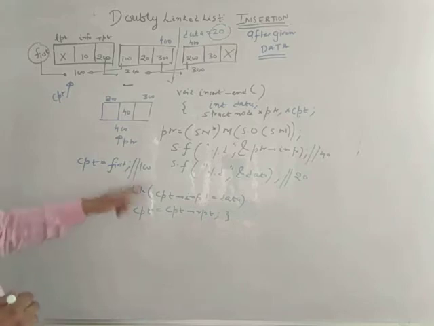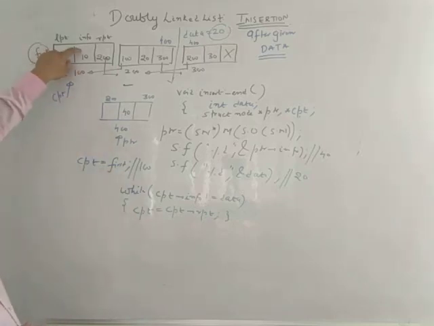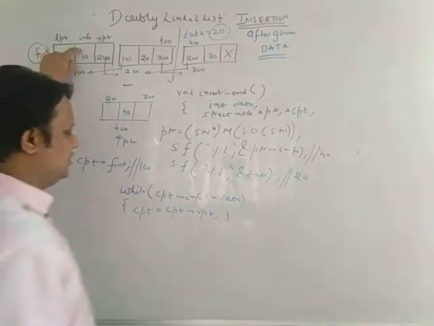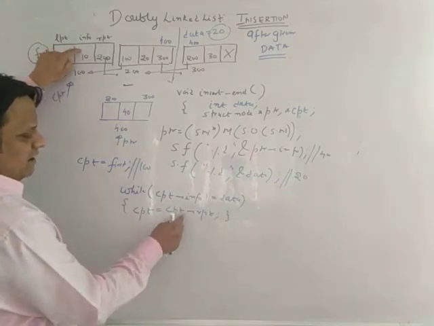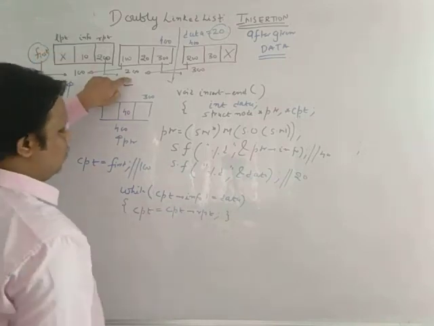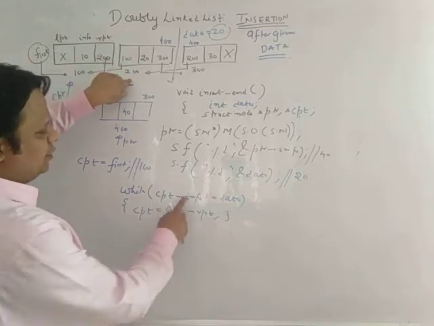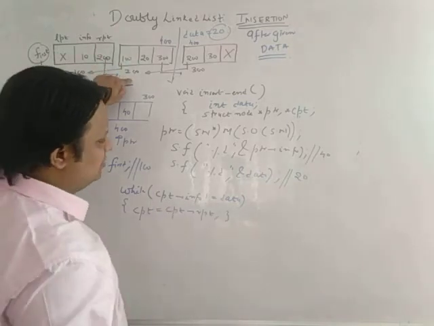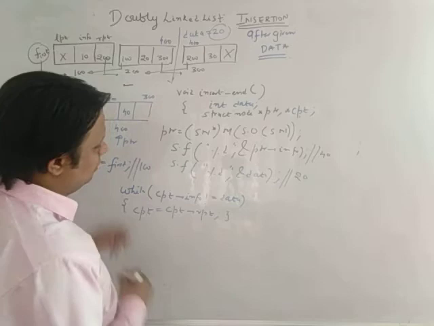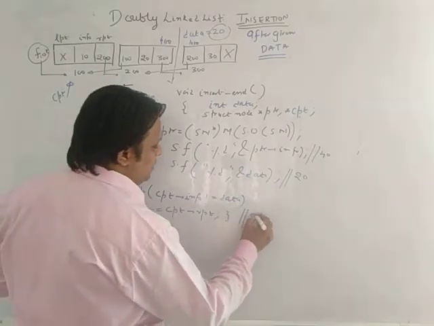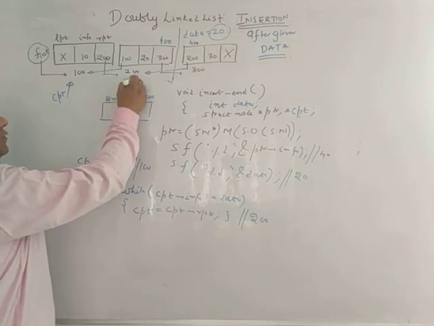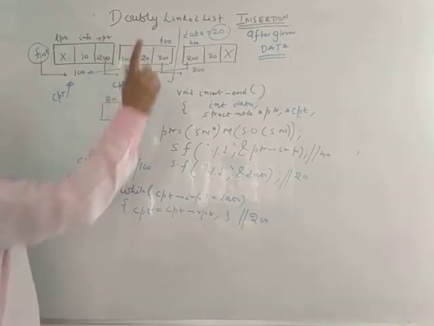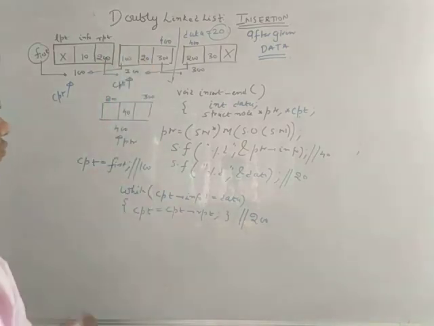CPT arrow info is 10. 10 not equal to 20, condition is true. CPT is equal to CPT arrow RPT. CPT is pointing at 100, 100 arrow RPT is now 200. 200 info is 20, 20 not equal to 20, condition is false, and you will come out of the loop. So at this point your CPT is pointing at 200, which is the address you wanted.